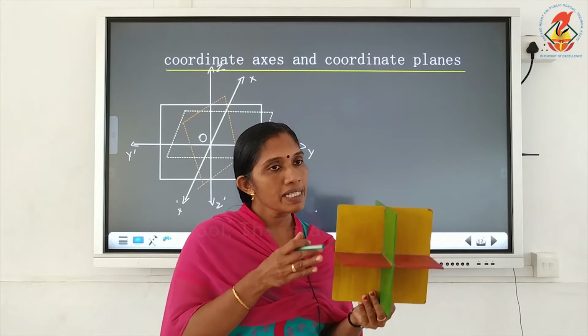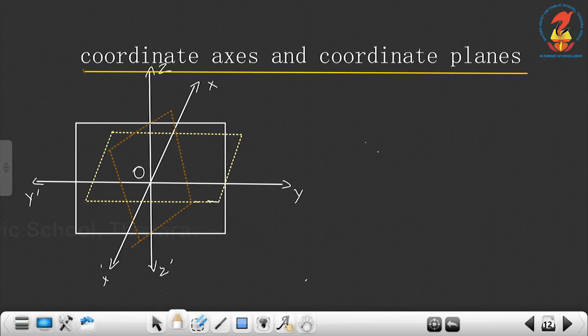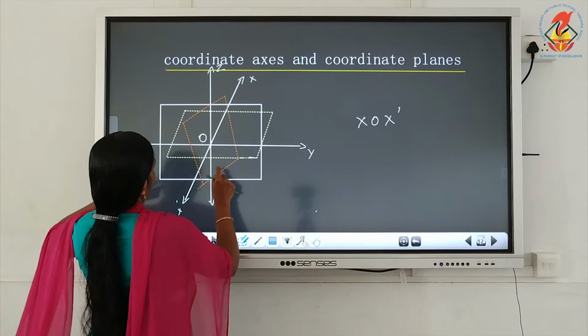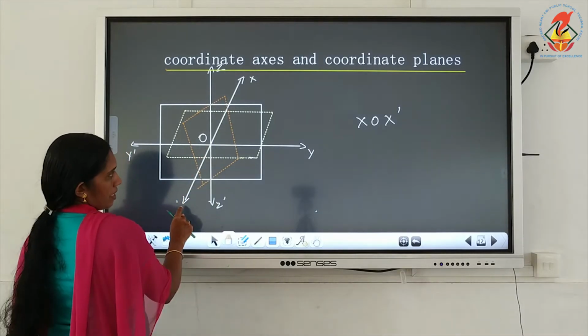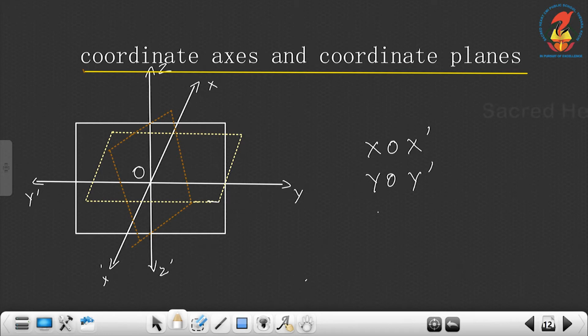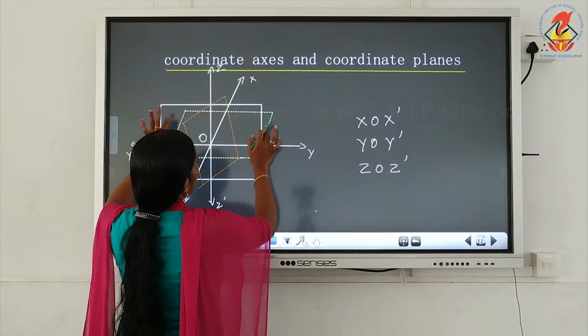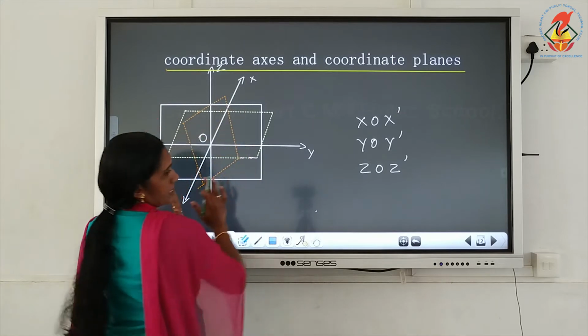These planes intersect along the lines X'OX, Y'OY and Z'OZ. Look at this figure: X, O, X dash, then Y, O, Y dash, and Z, O, Z dash. And we have 3 planes: this one is the xy plane, the other is the yz plane and the xz plane.